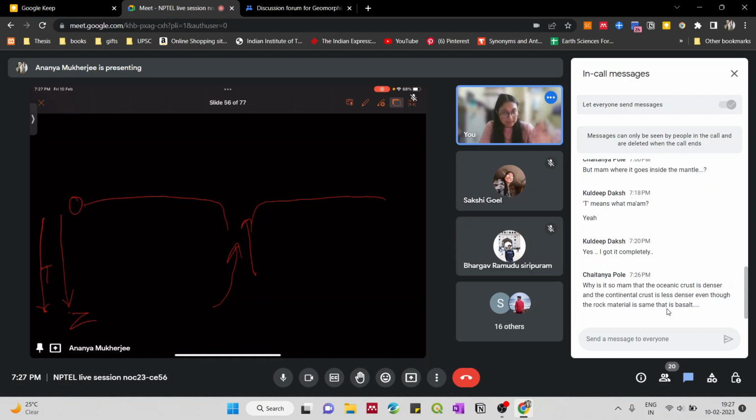Basalt is made up of minerals which crystallize at higher temperatures. So when it starts cooling and coming up, the first material that will crystallize out of the mantle material coming on top will be basalt.